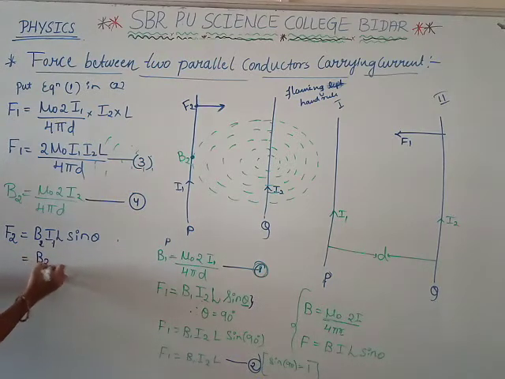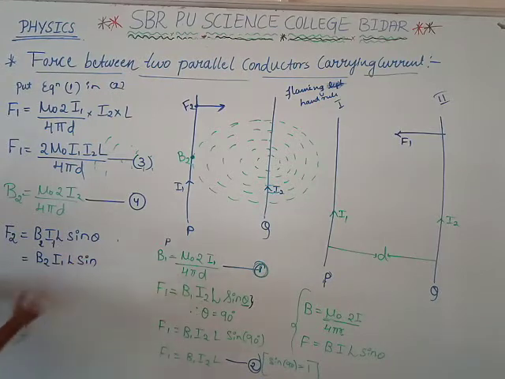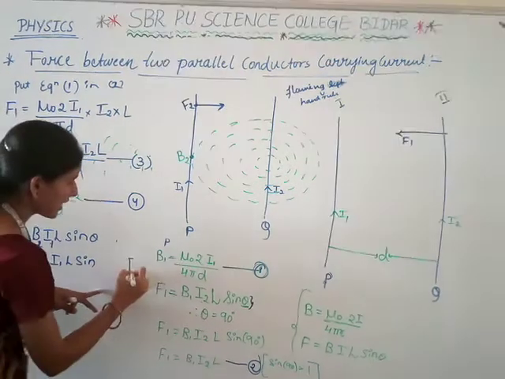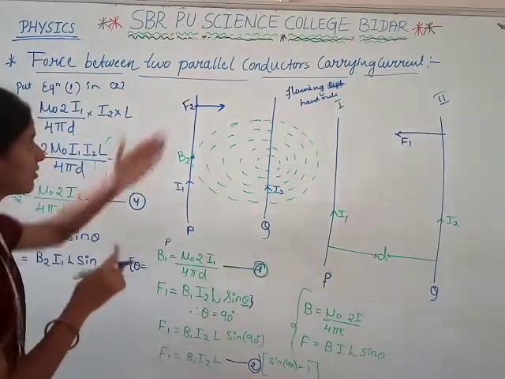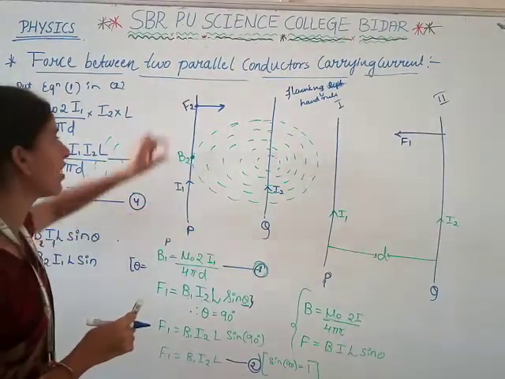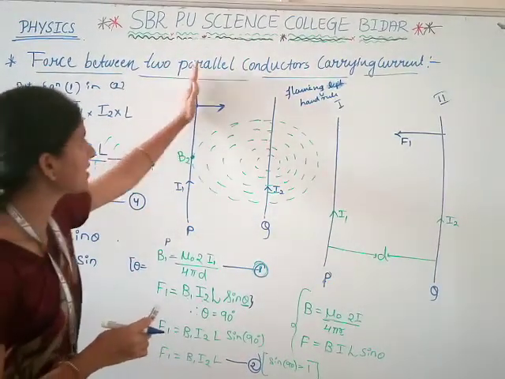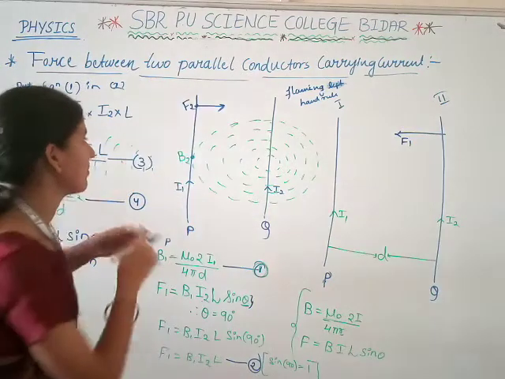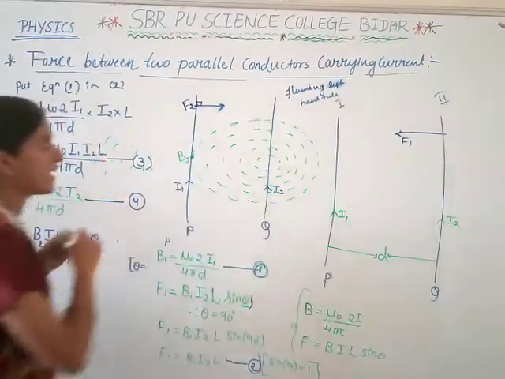B2 I1 L sin theta. Okay, what is the theta value here? Here also the theta value is 90 degrees. How is it? The force is perpendicular to the magnetic field, so it makes 90 degrees.